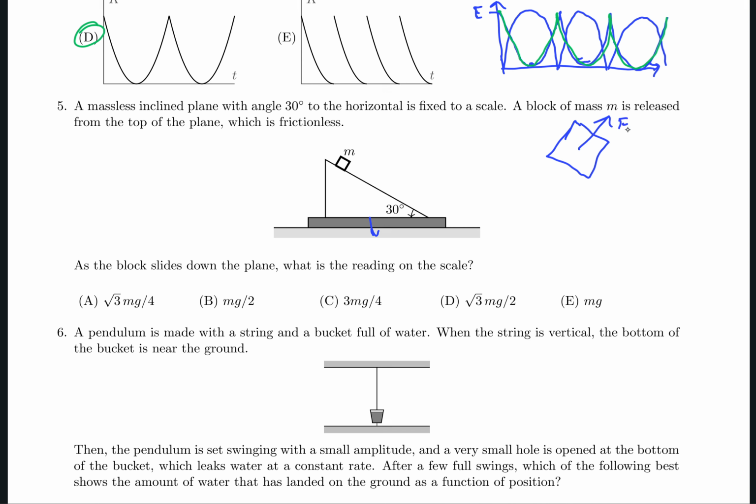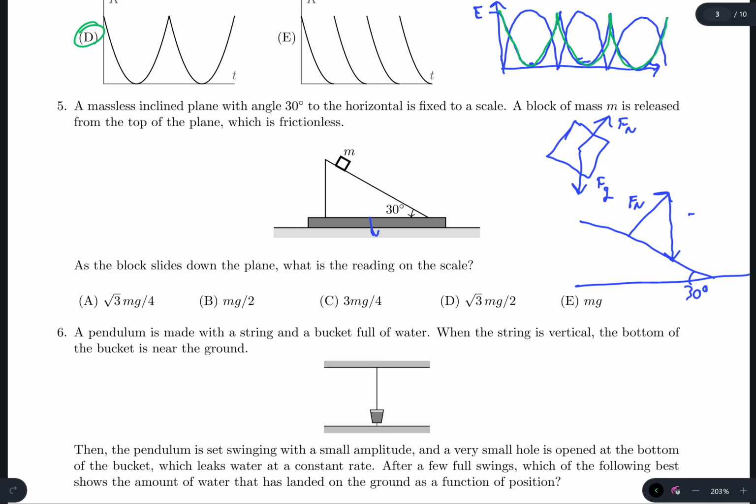F_N, F_G. Together, if we put them together, they will make it accelerate down the path at a 30-degree angle from the ground. F_N, F_G. So F_G is just mg.